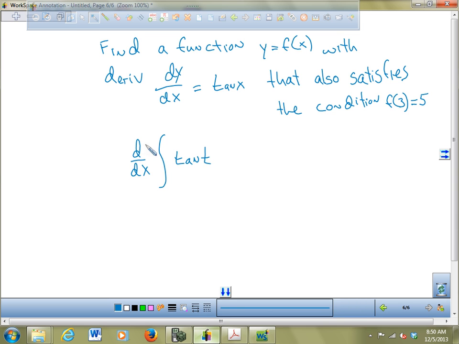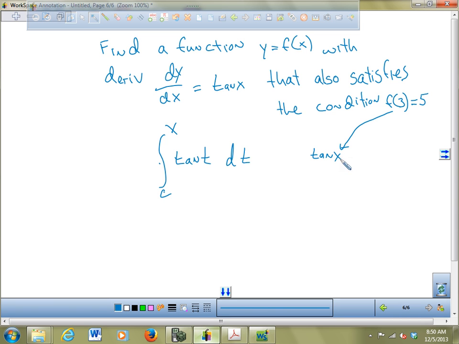So what it's saying is, what can I take the derivative of to get that its derivative is tangent of x? Well, one thing I can take the derivative of is the integral from a constant up to x of tangent t dt, right? So what would be the derivative of this? Tangent of x. But if I plug in 3 into tangent of x, what do I get out? Not 5, right?